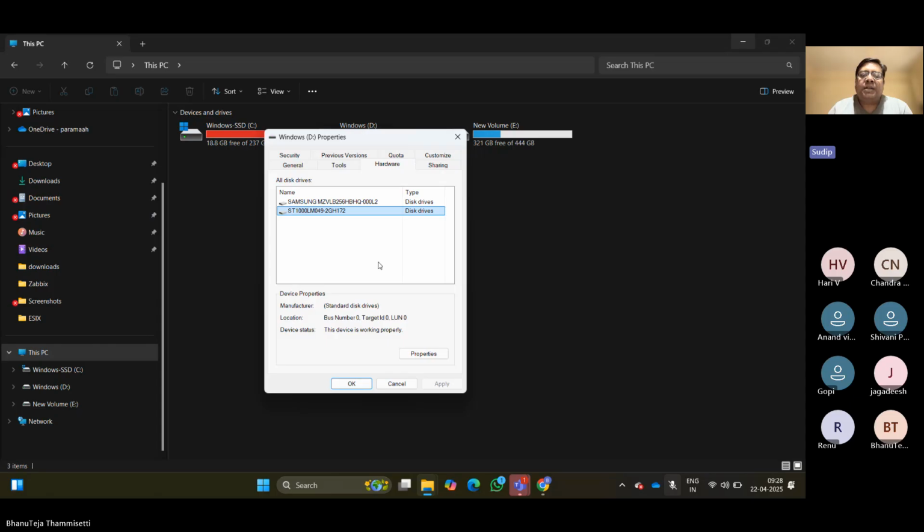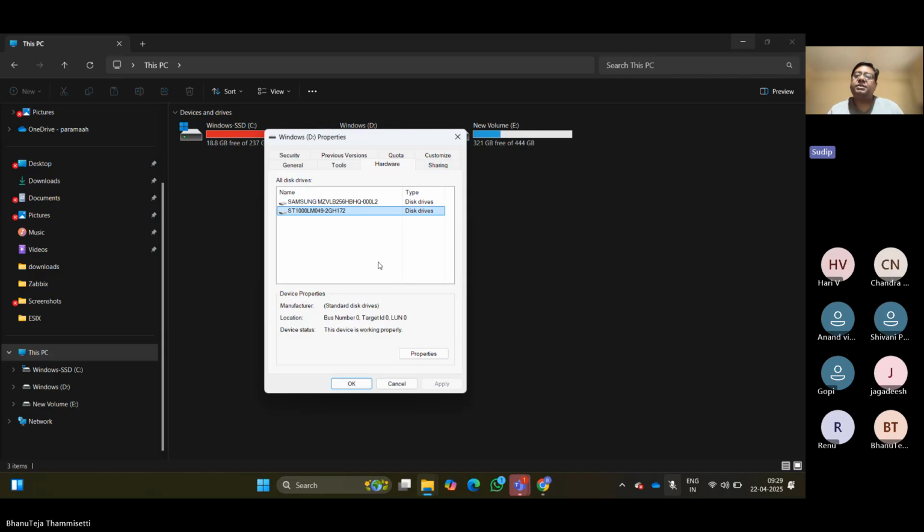Then under that hard disk name, you see certain parameters of the hard disk. It talks about who is the manufacturer. Here it is unable to recognize, maybe it's an old hard drive. And it also says what is the location of the hard disk. Now, what is this? What is the location of a hard disk? In one laptop, you have one hard disk only, no?